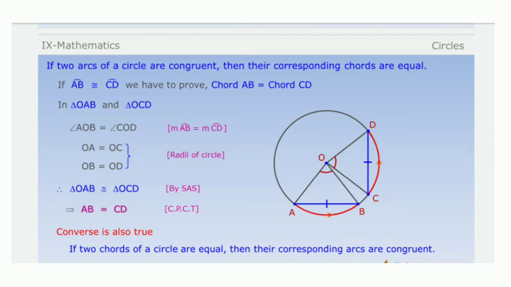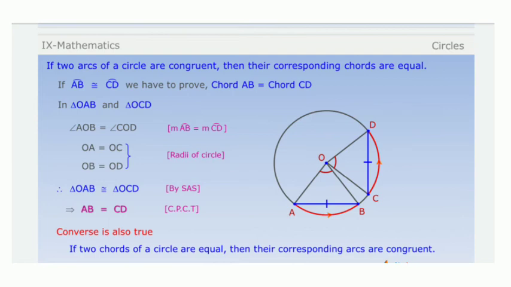For this, consider triangle OAB and triangle OCD. Here we have angle AOB and angle COD. The measurements of these two angles are equal, and OA equals OC, OB equals OD. They are radii, so they are equal.